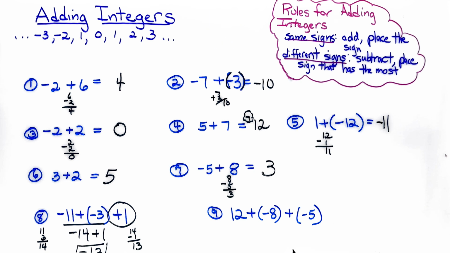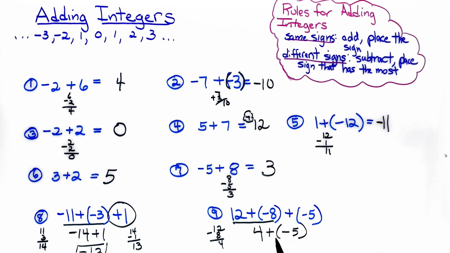And working the last one, I see that I have a 12 plus a negative 8, which is a positive 4. Let me do the math. 12, I'm going to subtract 8 is 4, and it's positive because I have more positives. And now I'm just bringing down my negative 5.